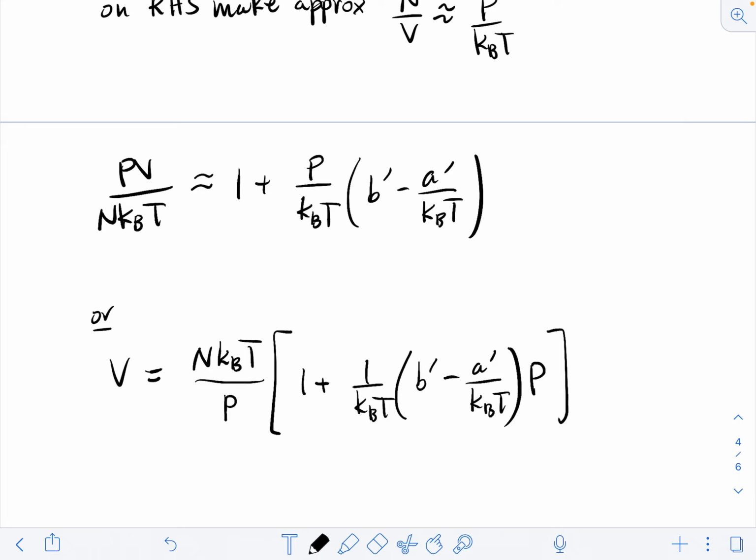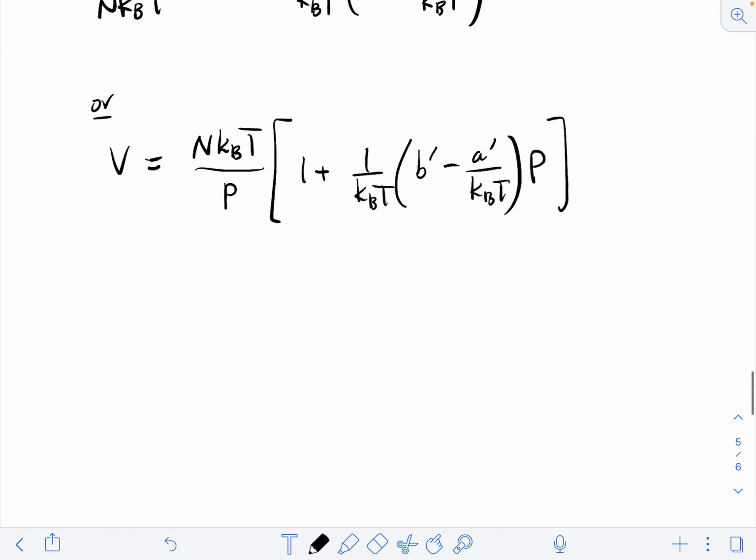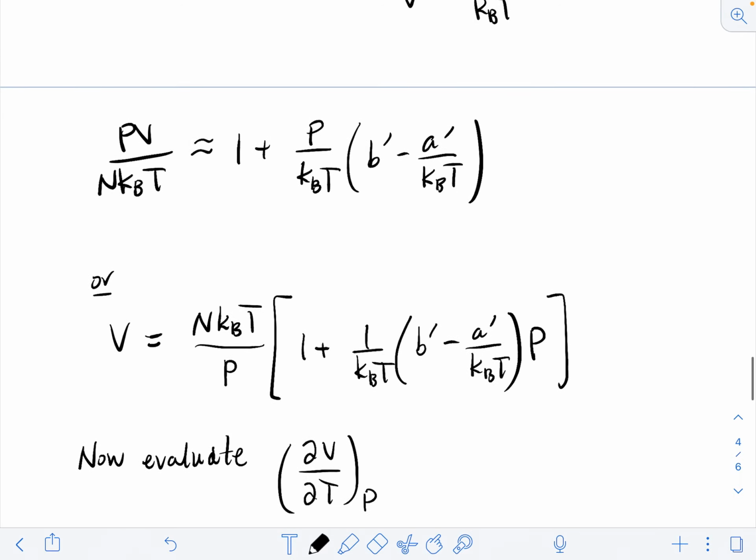Okay, good. So I think now we're ready to evaluate the partial derivative of V with respect to T at constant pressure.